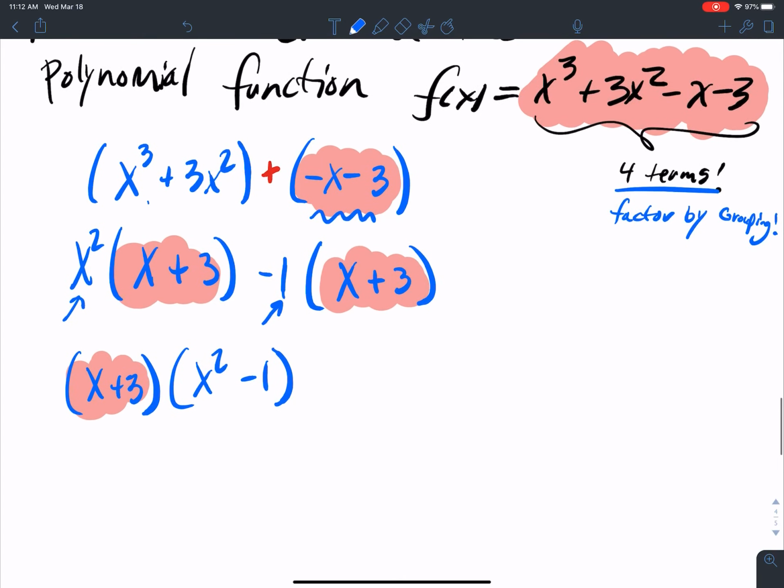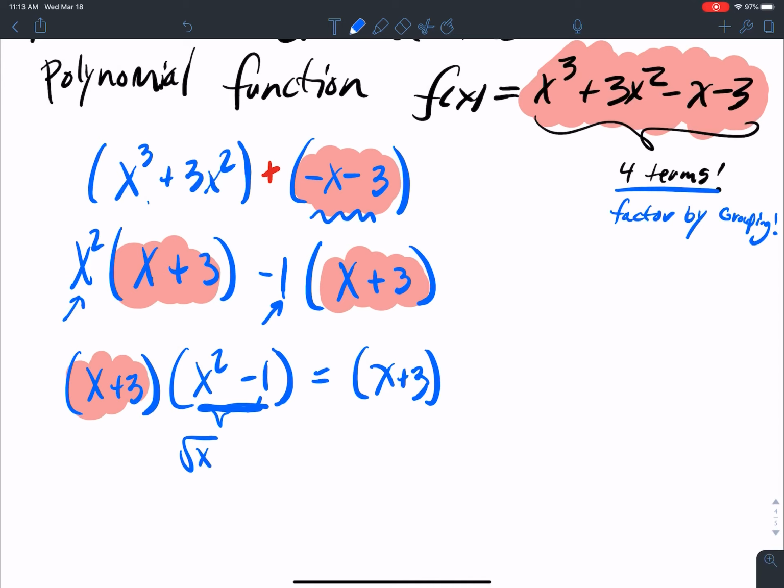Now you may think that you're completely factored here, but you're not quite there. Could you solve it if I have it set equal to 0? Sure, okay. But this right here, this is a difference of squares. So this is actually equal to x plus 3 times, and my difference of squares, how do I do it?